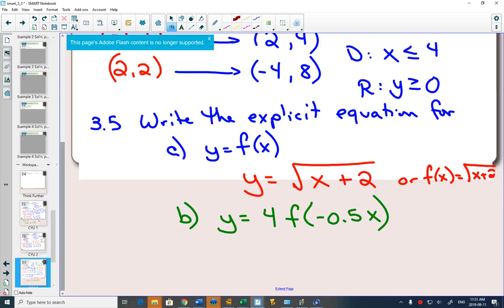And we want to write our blue graph, which was y equals 4 f of -0.5x. How do functions work? When I write y equals 4 f of -0.5x, I have something inside my function and something outside my function.